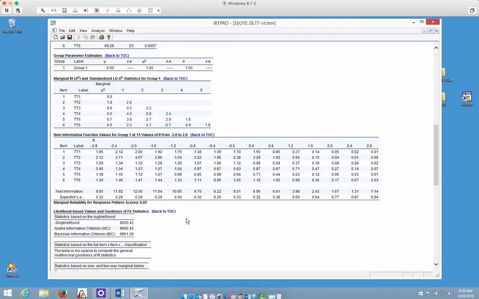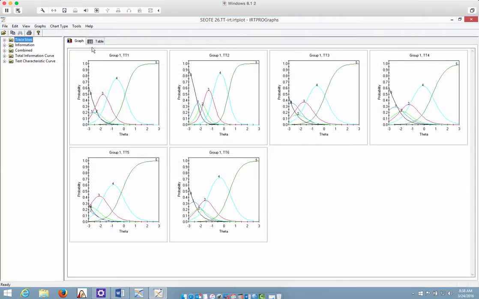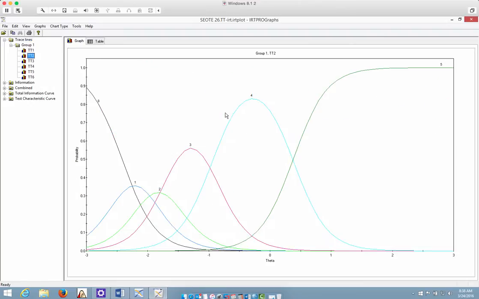different response categories. So if we go to analysis and we go to graphs, we see category characteristic curves for each item. And so let's just take item 2. If I click on this, you can see that IRTPro has taken the 1 through 6 scale and converted it to a 0 through 5 scale.